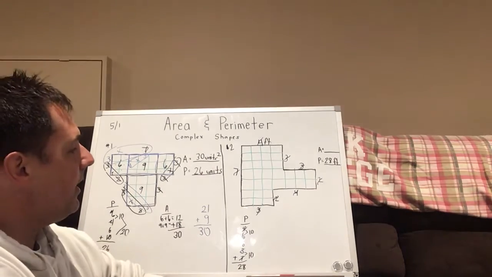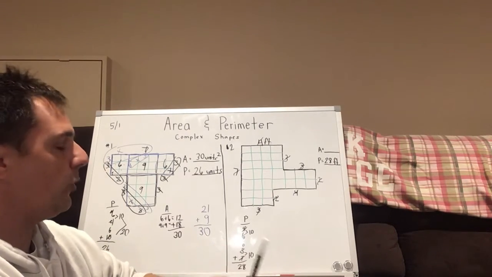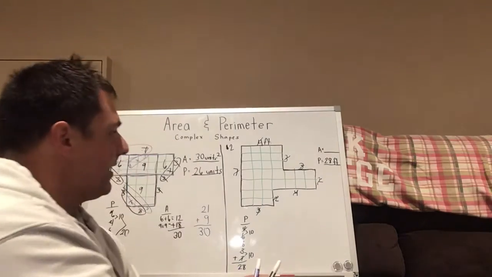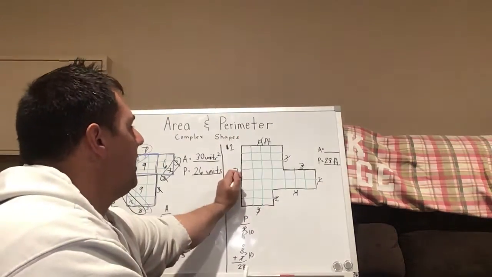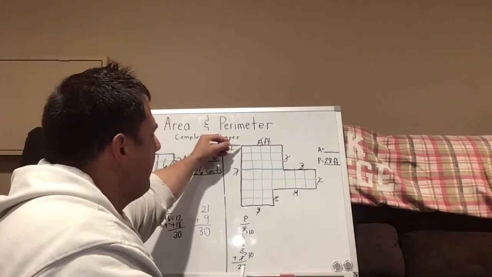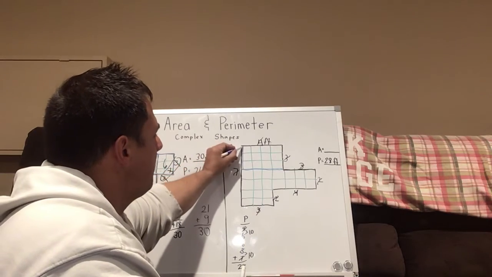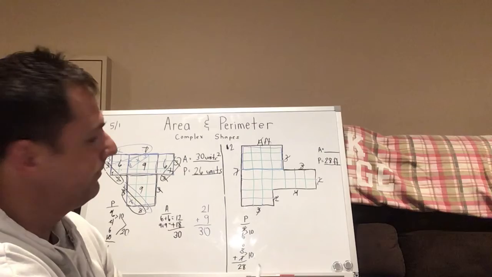So I see 3 rectangles right away, and I'm going to use my markers just so you can see them a little bit. I'm going to take my blue marker, and I'm going to cut right here. And then this that I'm going to highlight in blue is going to be one of the rectangles.